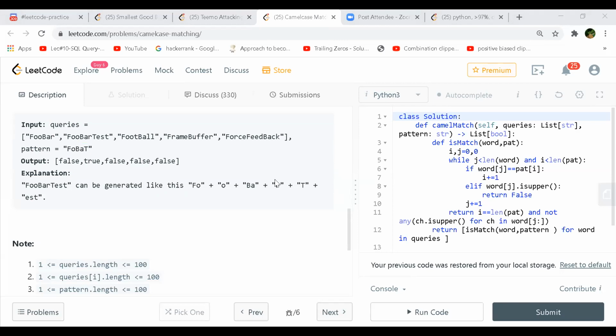If we want to use the inbuilt regex libraries, then before each uppercase character, we have to add a pattern allowing any number of lowercase characters.